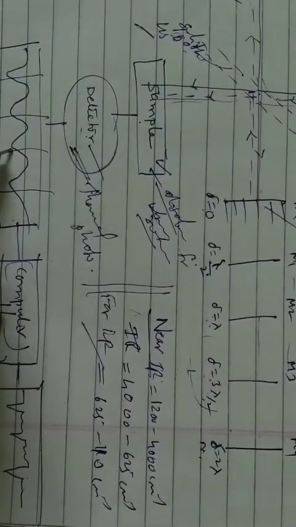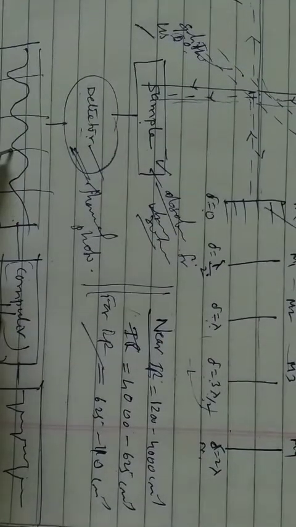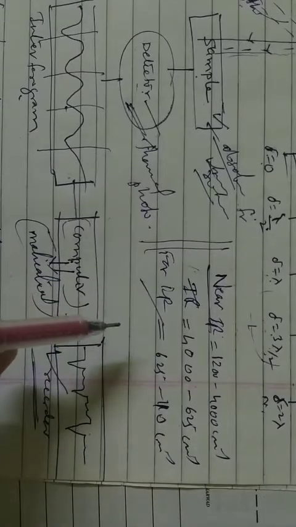So the detector detects and gives the interferogram, which is processed by the computer through Fourier transform, and we get the spectrum of Fourier transform spectroscopy. How does this happen? Because of all these mirrors, we initially get a waveform, the interferogram, like this.